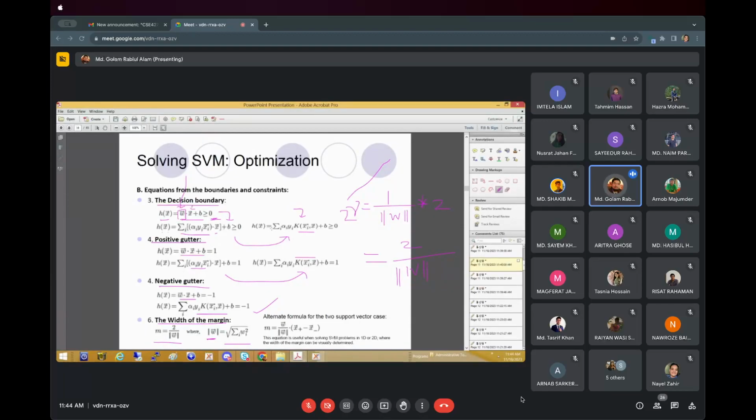But now what we have to do is use those equations to solve the learning problem using support vector machine.